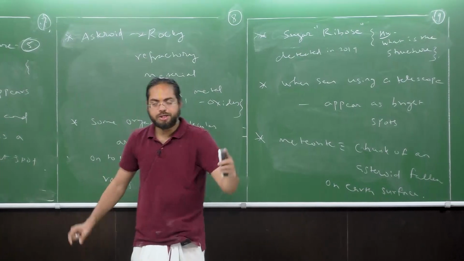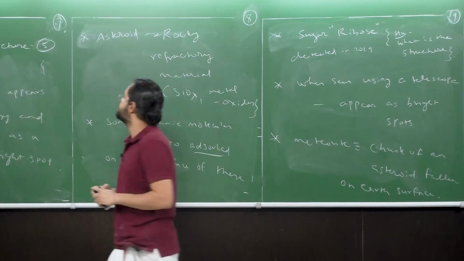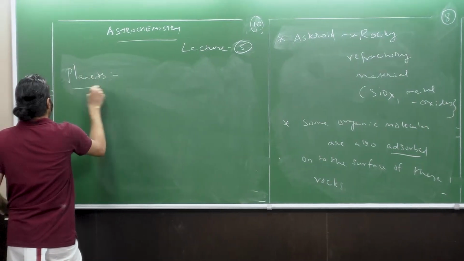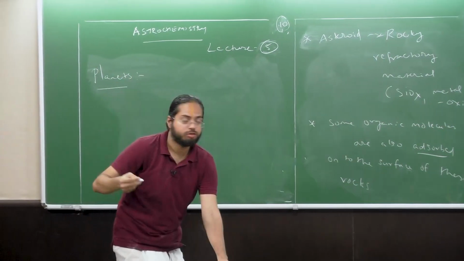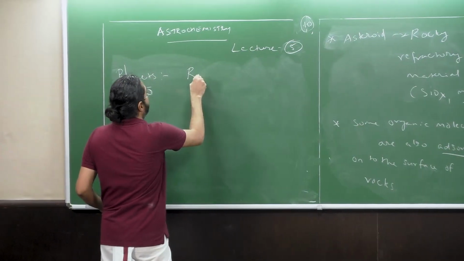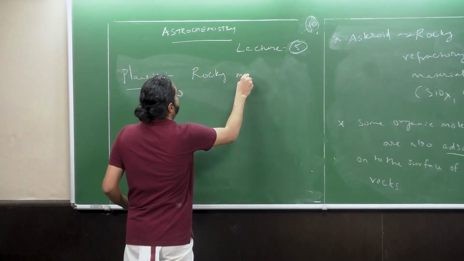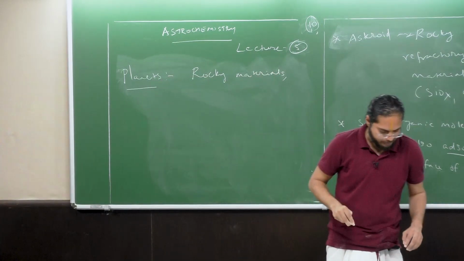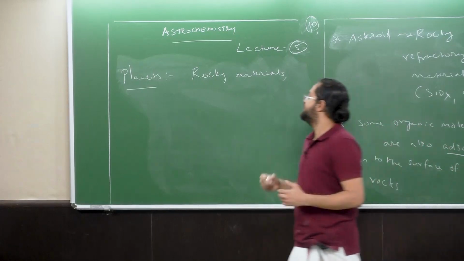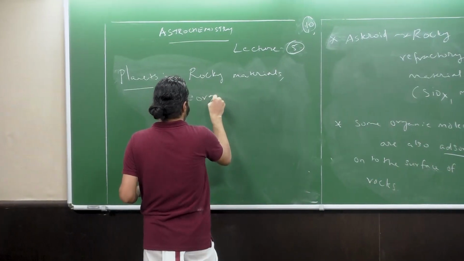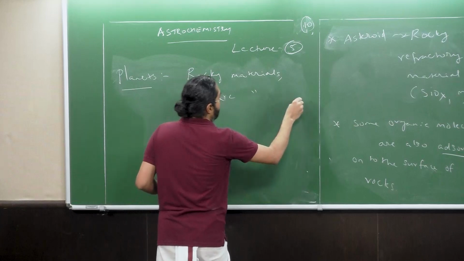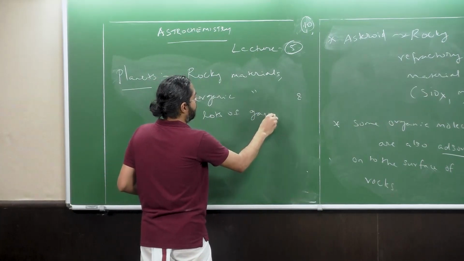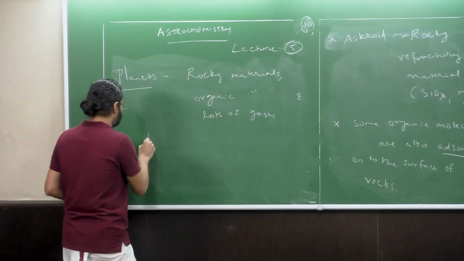Next, we shall look into what planets are. Now the planets are also rocky materials, organic materials and lots of gases, which are much larger than an asteroid.